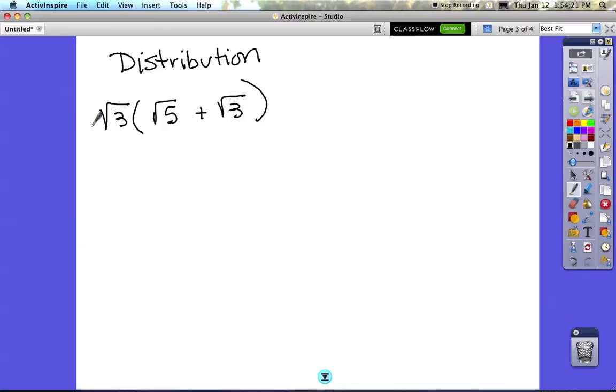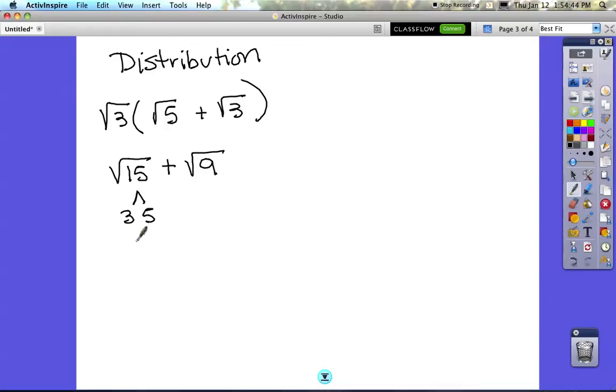So you're still multiplying outside times outside, so those are assumed what? 1. So that's the square root of 15 plus the square root of, what's 3 times 3? 9. Now 15, does it break down with any pairs? 3 and 5.